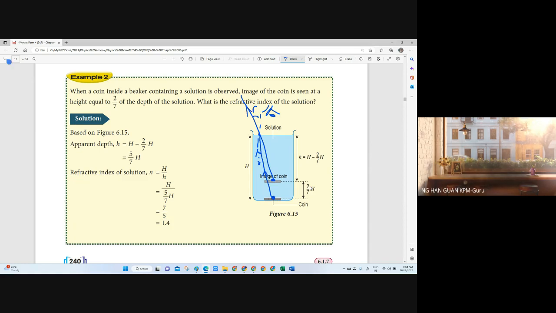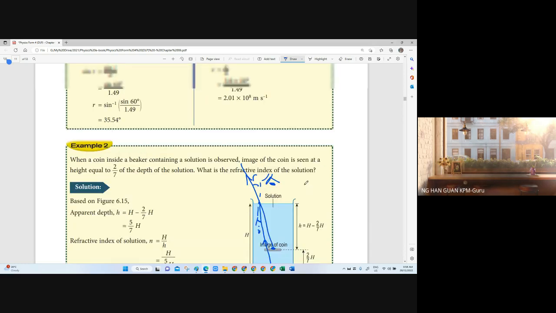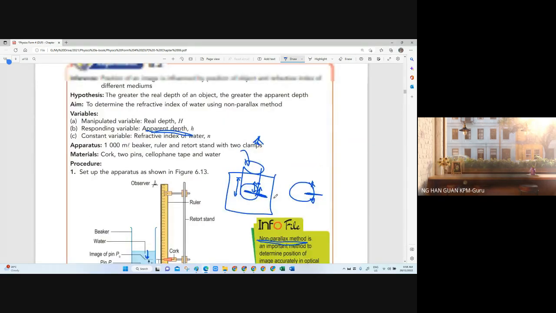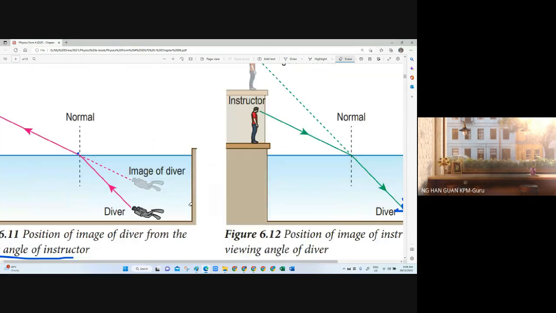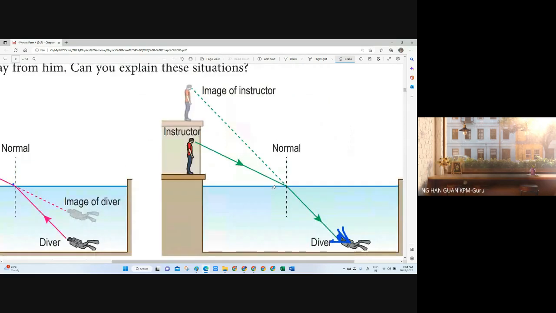Regarding the question, whether we really need to show this line, the line that we extend, which is a virtual light ray. Do we really need to show this dotted line here in the drawing? Actually, it's not necessary.